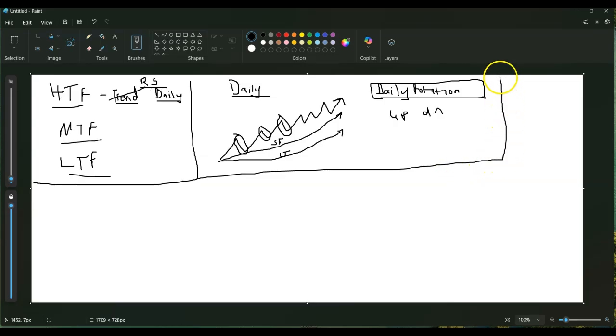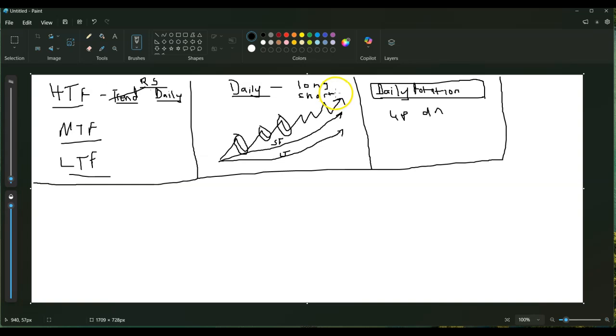All right. So we call daily the higher time frame, the long or short time frame, meaning it answers the question of, do I go long or do I look for short? All right. So the daily time frame answers the question of, do I go long or do I go short?